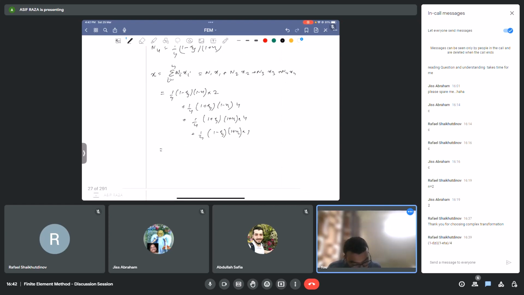I'll take 1 upon 4 outside. If I take 1 minus eta as common for the first two, it will be equal to 2 minus 2 xi plus 4 plus 4 xi, and 1 plus eta common, then 4 plus 4 xi plus 1 minus xi.